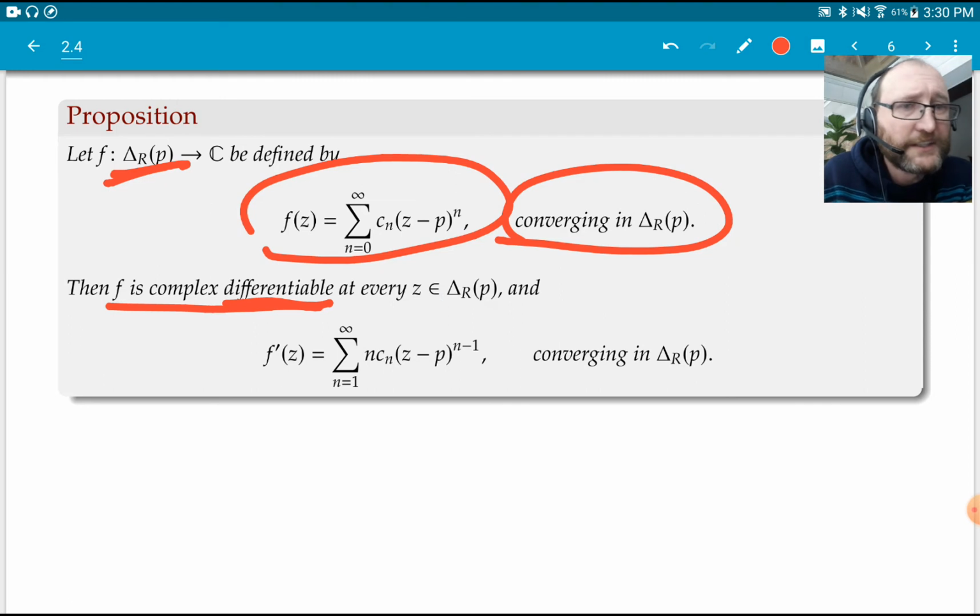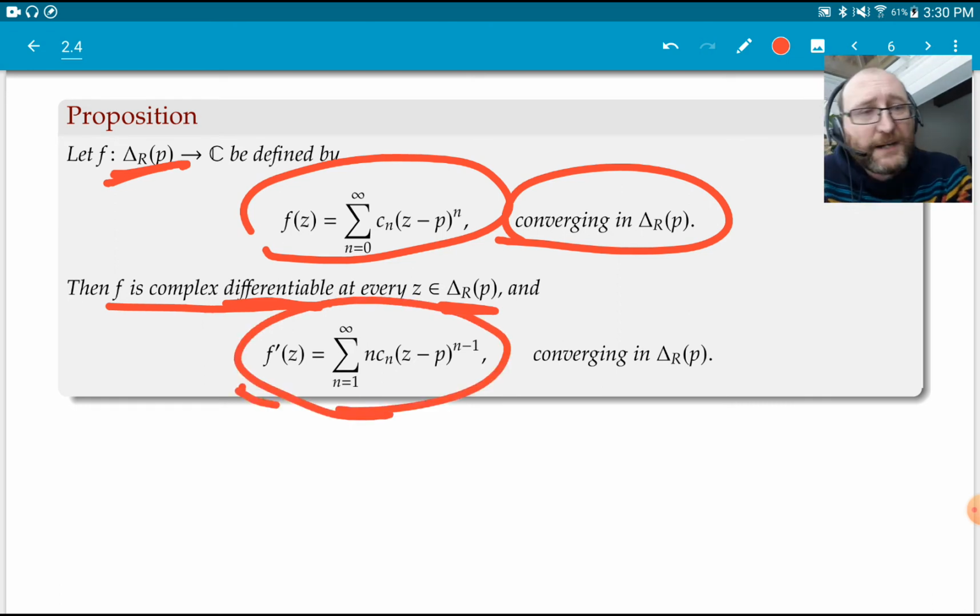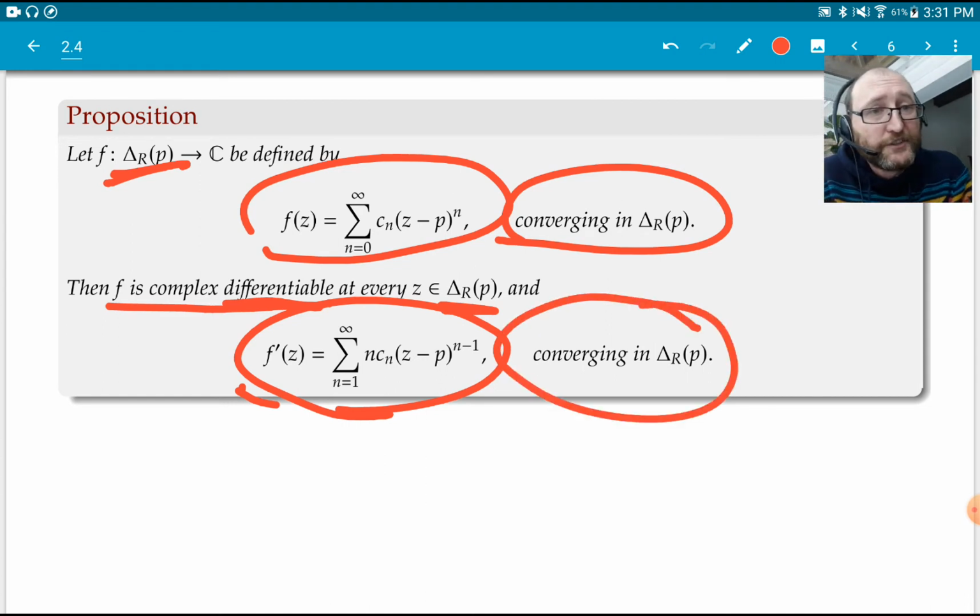So in particular, it's holomorphic in the disk, and the derivative is given by this power series, which is precisely what you'd get if you just did it term by term, formally. And the derivative power series converges in the same disk. So you can basically differentiate power series term by term.